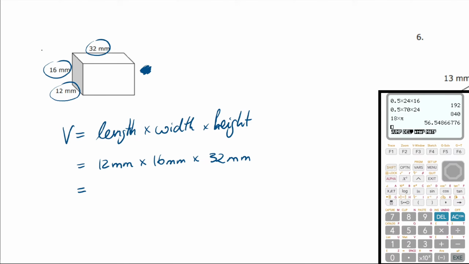We can do 12 multiplied by 16, multiplied by 32, which is 6,144. And we're going to put our unit. And this time it's a 3 because we, of course, have volume.